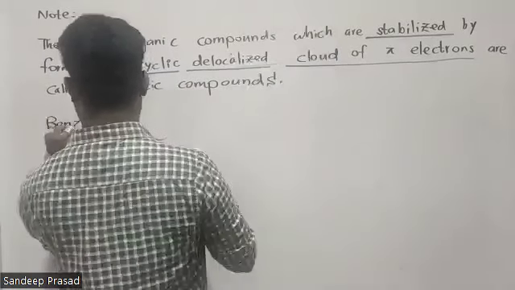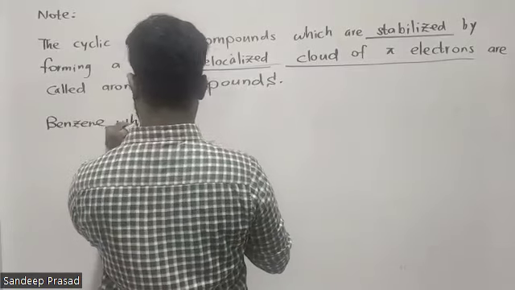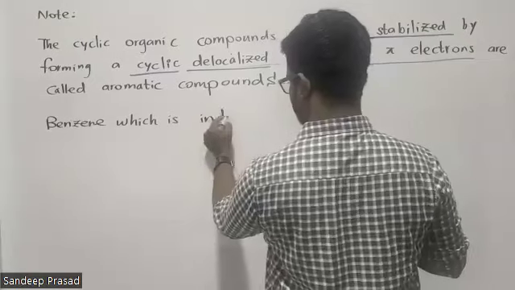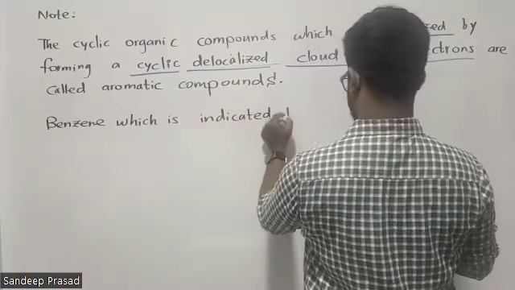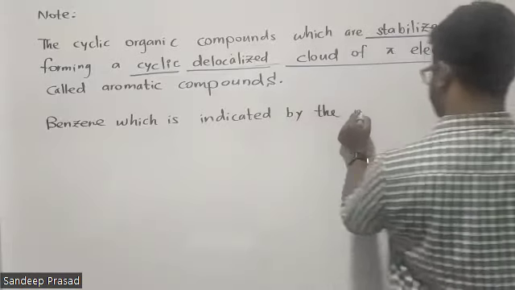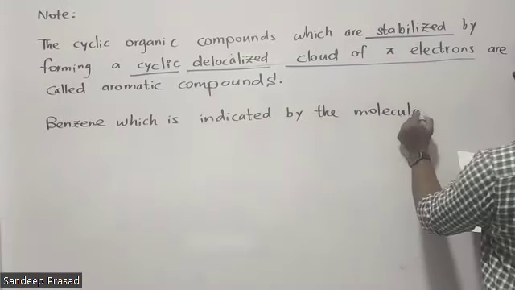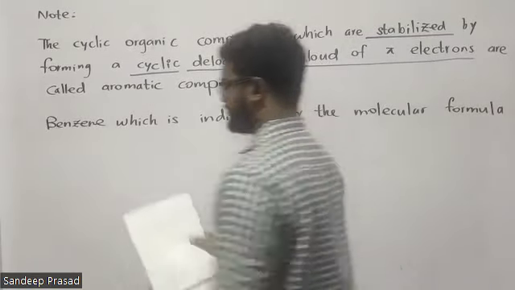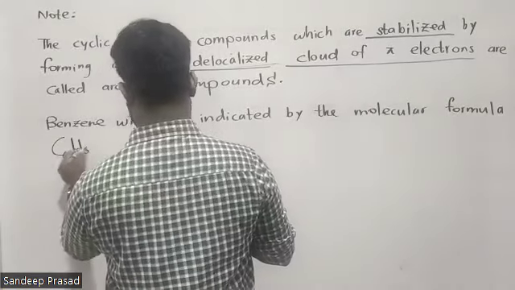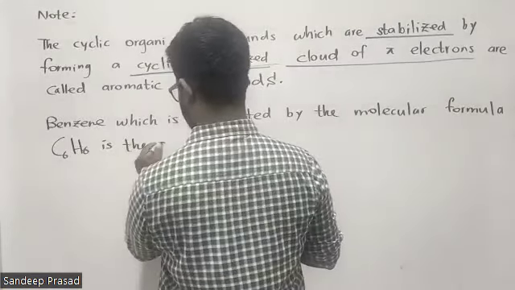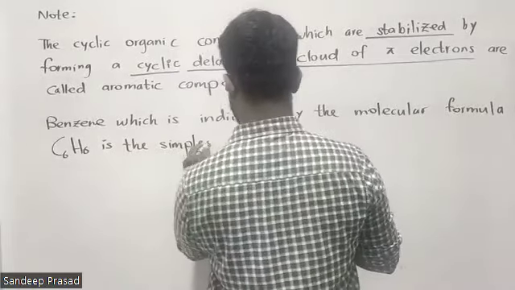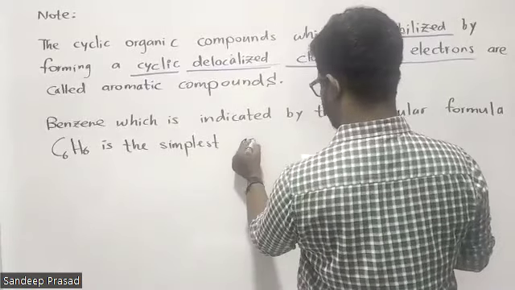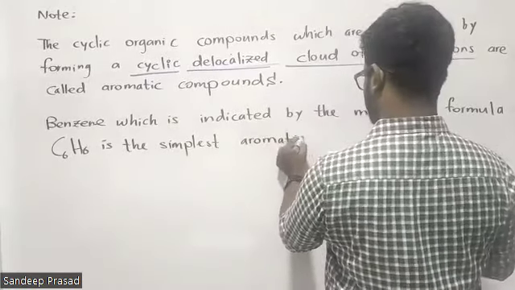Next one, benzene, which is indicated by the molecular formula C6H6, is the simplest aromatic hydrocarbon.